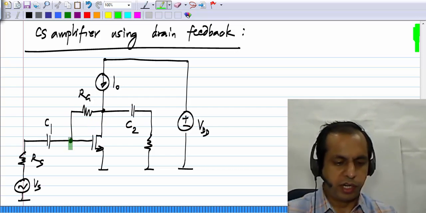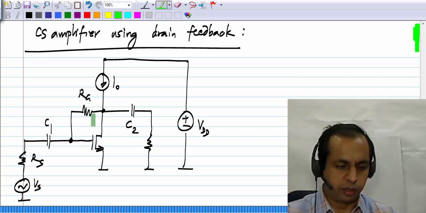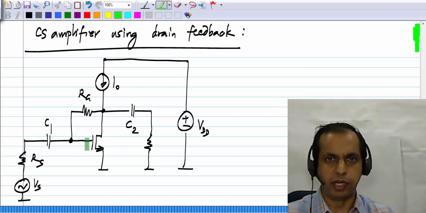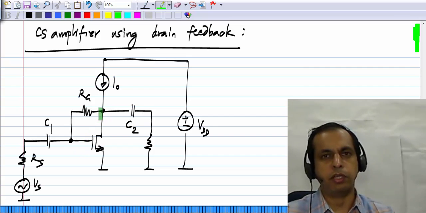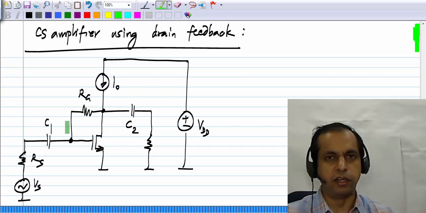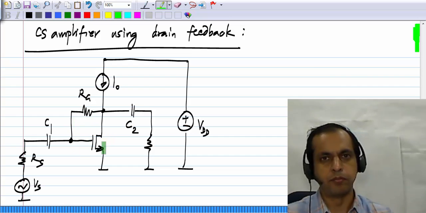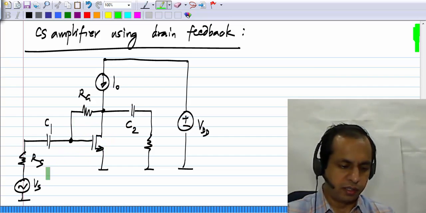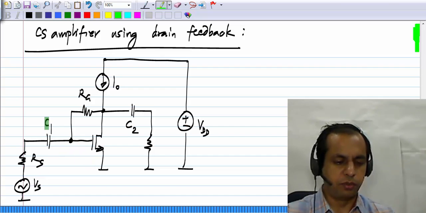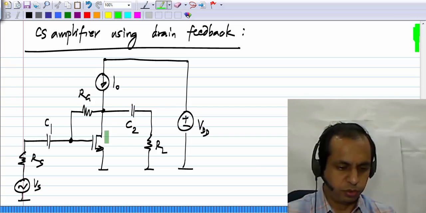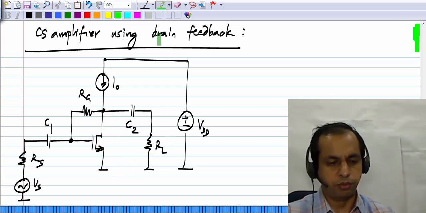The feedback to the gate is provided through RG, and that's okay because no DC flows into the gate, so there will be no DC voltage drop across RG. Earlier, when we were coming up with the biasing arrangement, we had connected the drain directly to the gate. Now we connect it through RG, but it makes no difference at all because no DC flows through the gate. The signal source is connected to the gate source via C1. The load resistance RL is connected to the drain source via C2.